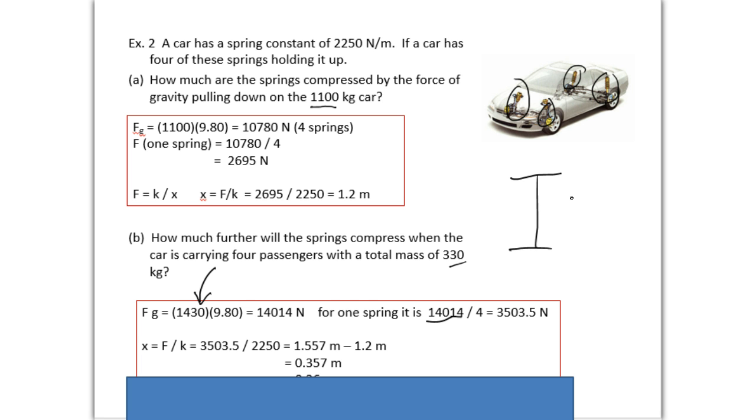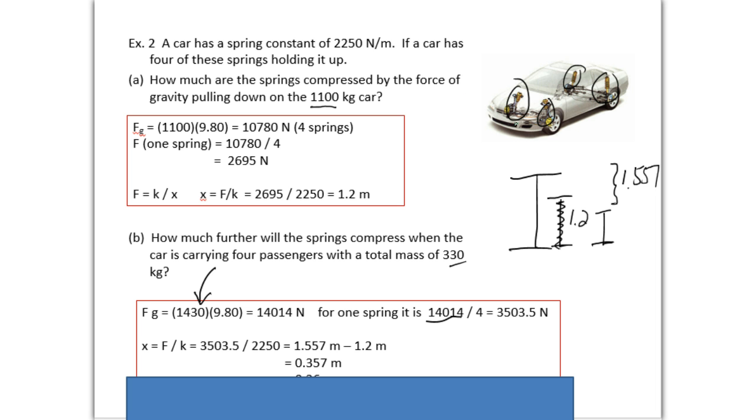The car itself would compress the spring down this amount, 1.2 meters. When you fill the car with passengers, the spring is compressed even more, and in total it will be compressed 1.557 meters. So how much extra was it compressed?